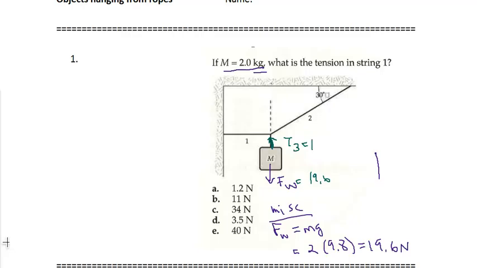This weight isn't moving, so the tension is 19.6 newtons. So drawing all the forces at the knot, the tension is up on the block but down on the knot. So we know this rope is stressed by 19.6 newtons.